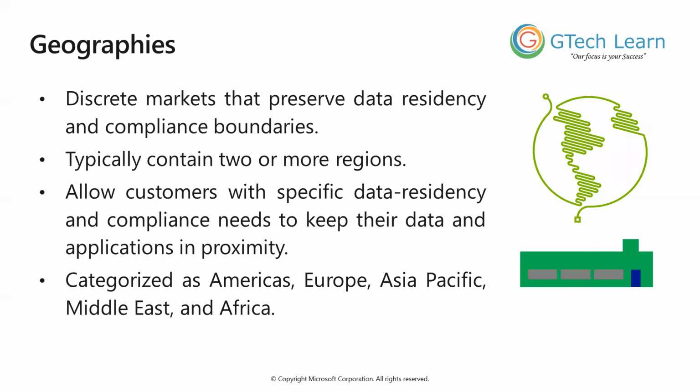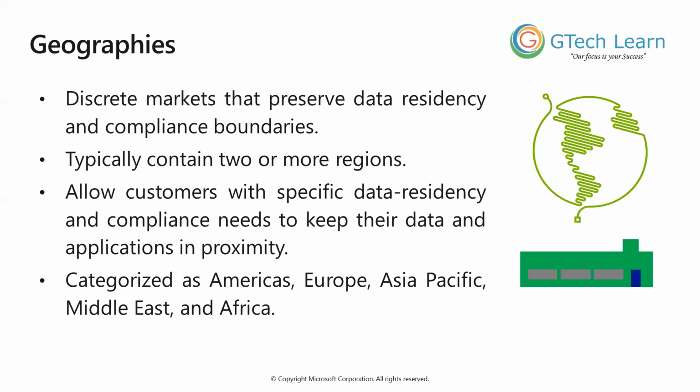Such geographical areas are like US, UK, Asia Pacific, Middle East, Africa. So this allows customers with specific data residency and compliance needs to keep their data and applications in close proximity. So this was about geographies.